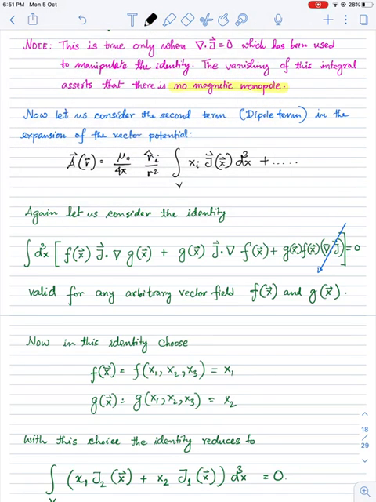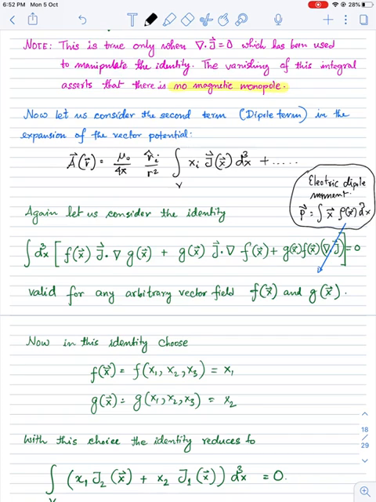Just to remind you, the electric dipole moment of a charge density, that p vector, is equal to the integral of x vector rho of x vector d cube x.